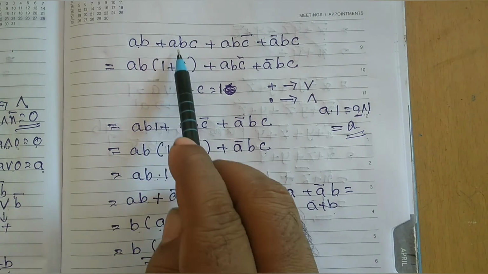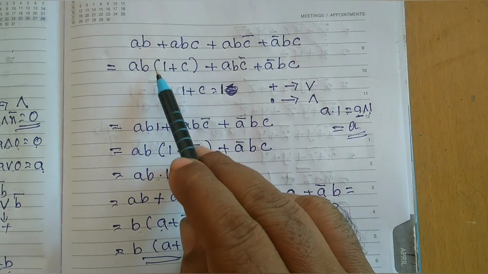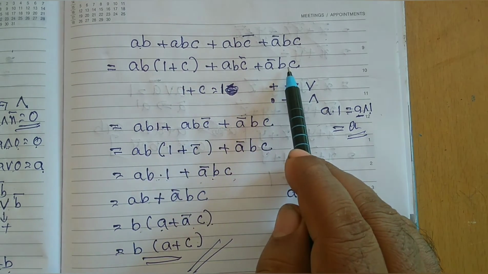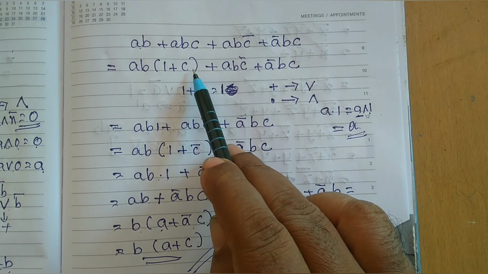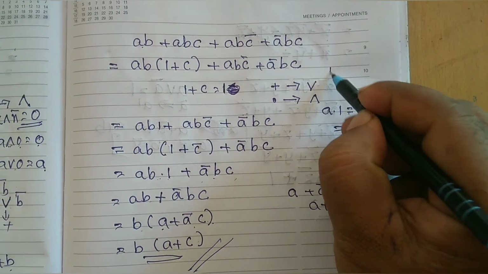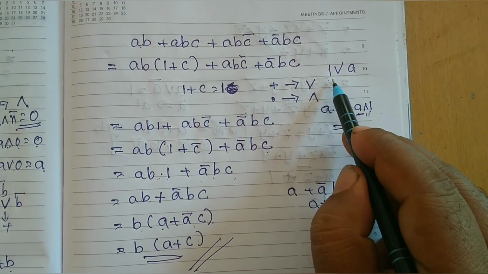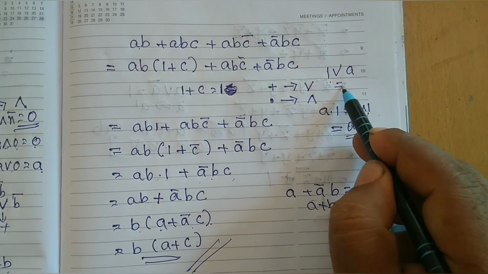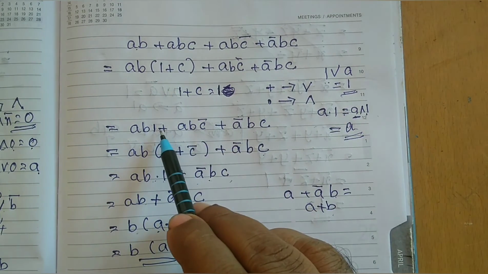Since the first two terms contain AB as a common factor, this can be written as AB into (1 plus C). You take the remaining as same. Now 1 plus C is equal to what? That is 1 or C. Since 1 is the supermost element, for OR we get the greatest element, that is equal to 1 only. So 1 plus C is equal to 1.